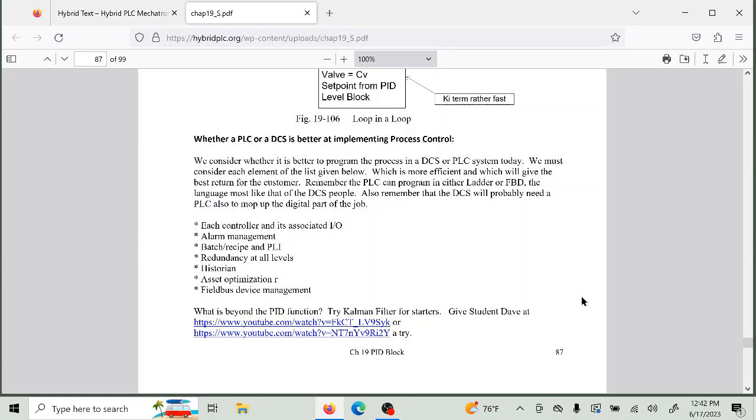Also, they take care of the idea of how often to read the inputs and make sure that the inputs are the freshest and up to date, as opposed to you having to worry about scan rates and all that kind of thing. That's something else that you have to be aware of and take into account as you're getting your cards ready. Redundancy, all those kinds of things. The list is right here.